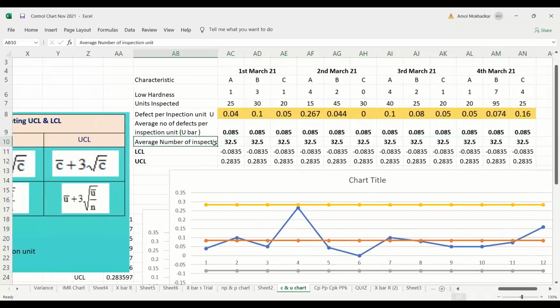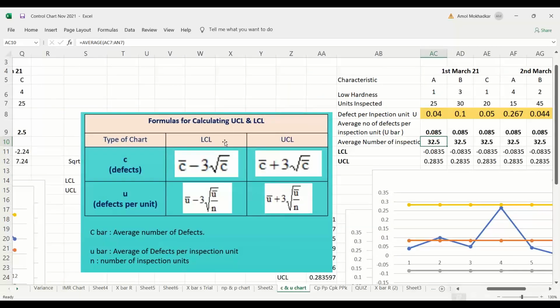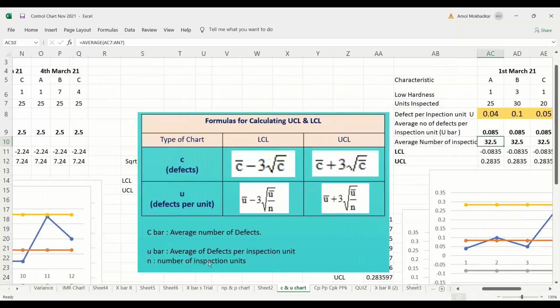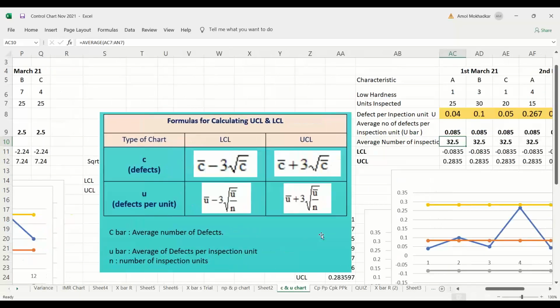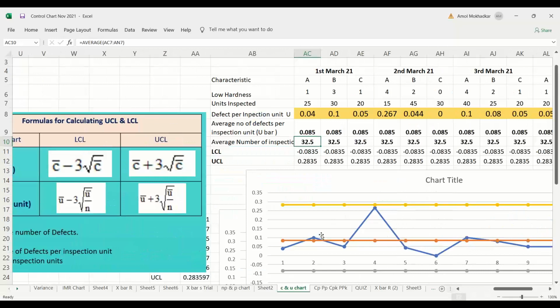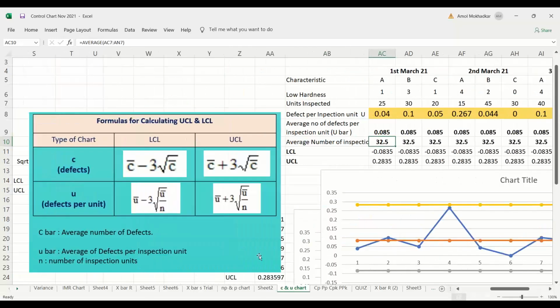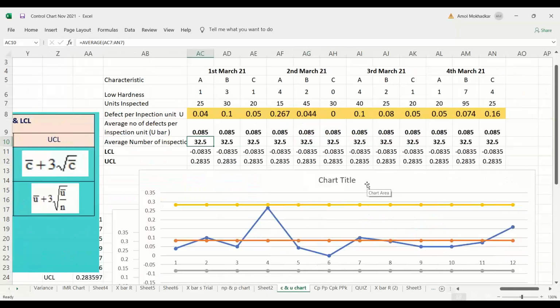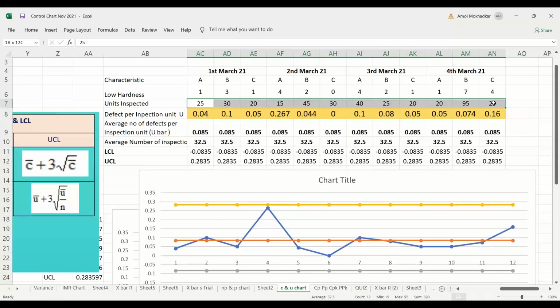Now, what is the average number of inspection units? Because in the formula you require the average number of inspection units, n. So how many units have been inspected? The sum of all these.